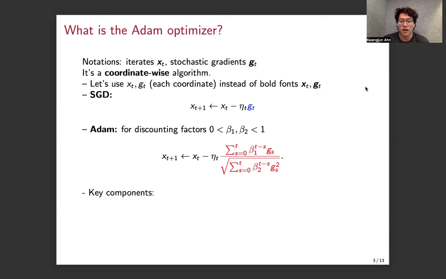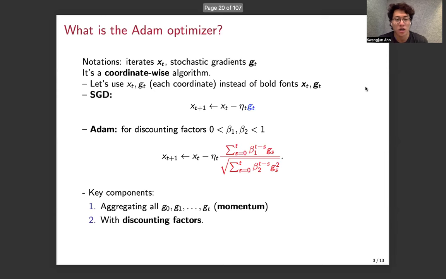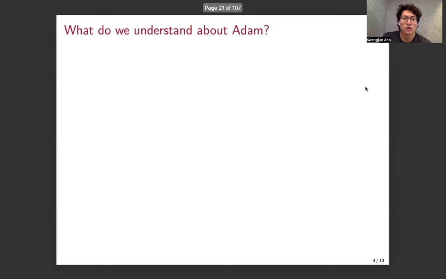So throughout this talk, keep in mind these key components of the Atom algorithm, the fact that it's aggregating all this history of stochastic gradients, often referred to as momentum in the literature, with some discounting factors beta 1, beta 2.